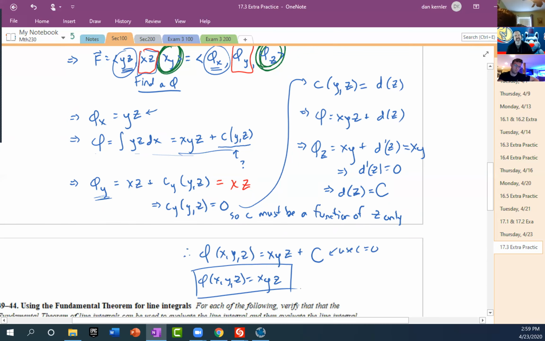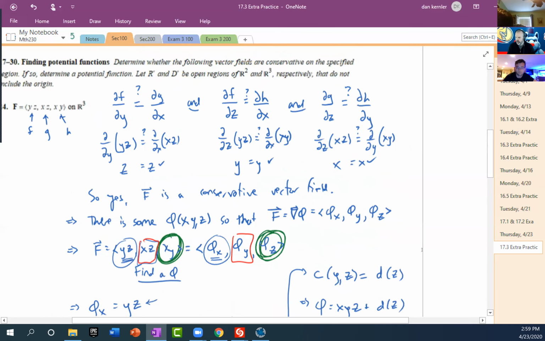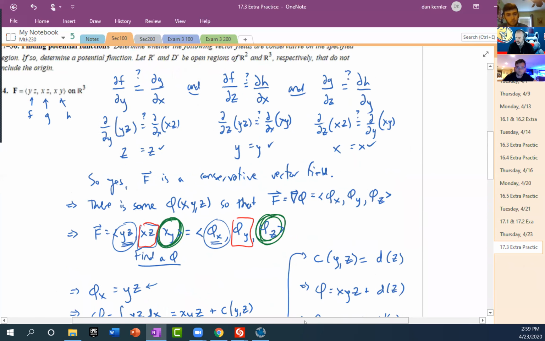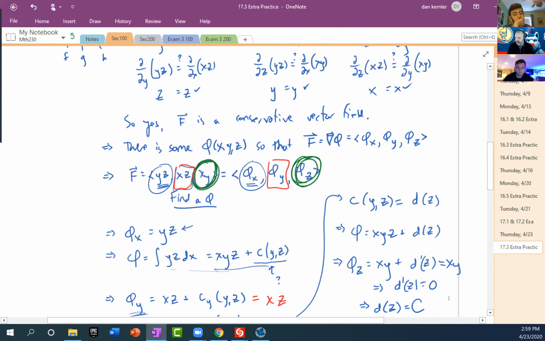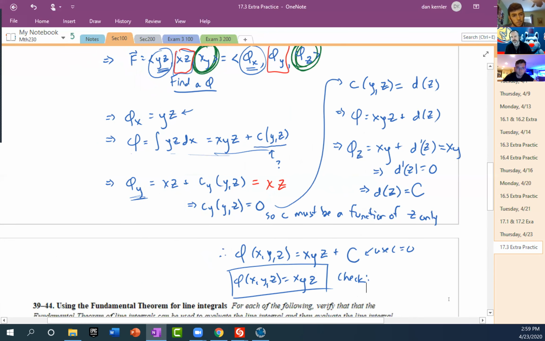How could you check to know if this is right? Any ideas?